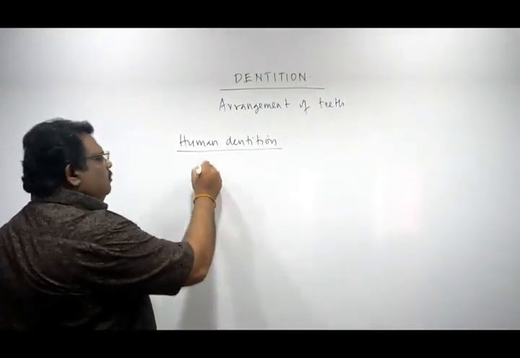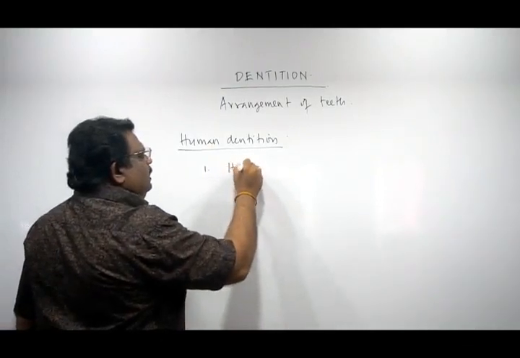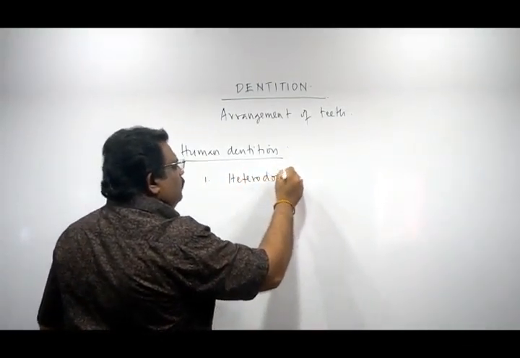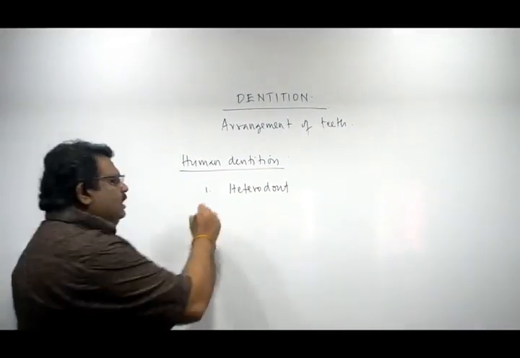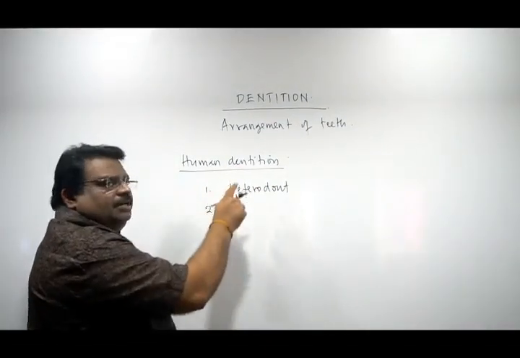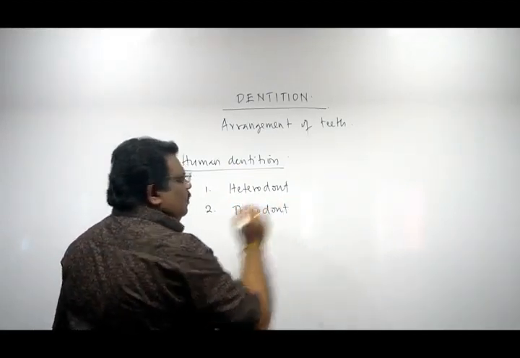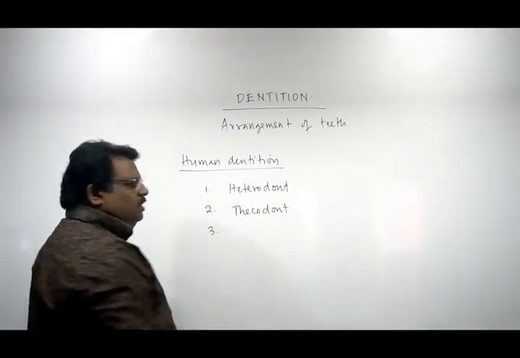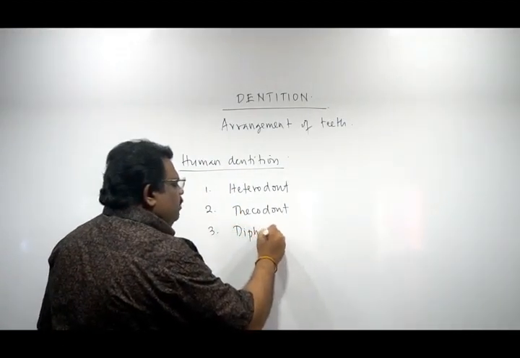The first term: human dentition is considered to be heterodont. The second: human dentition is considered to be thecodont. And the third characteristic feature: human dentition is considered to be diphyodont.